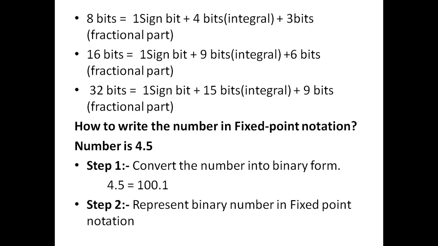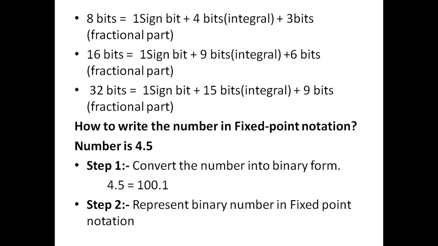Now I give an example of how to write a number in fixed point notation. I will take the example 4.5. The foremost step is to convert the given number into binary values. Four equals binary 100, and 5 equals binary 1.